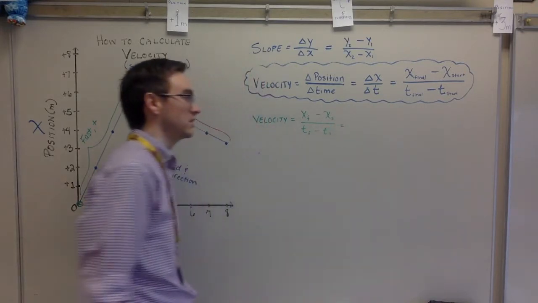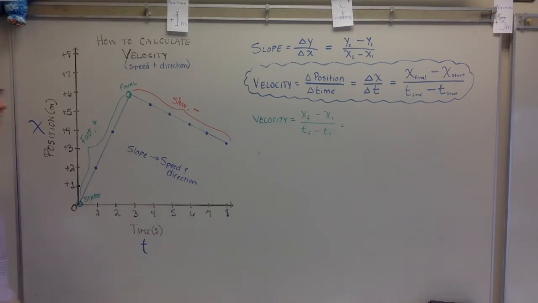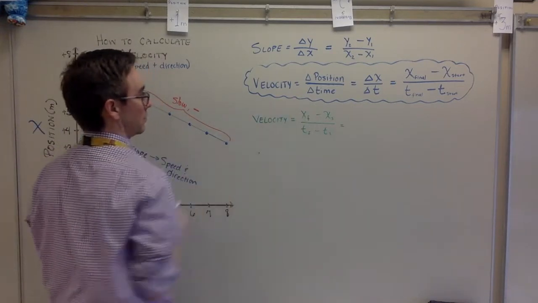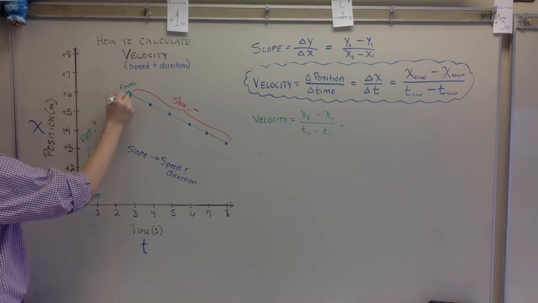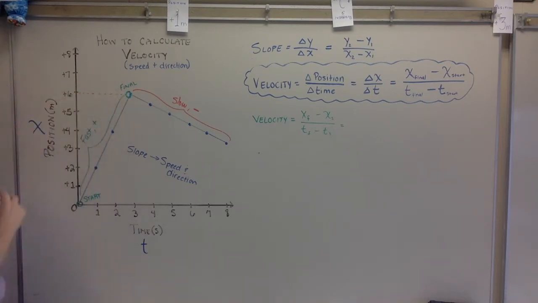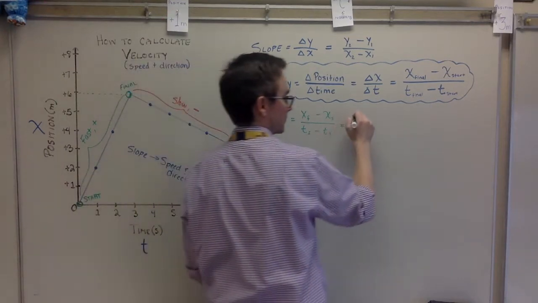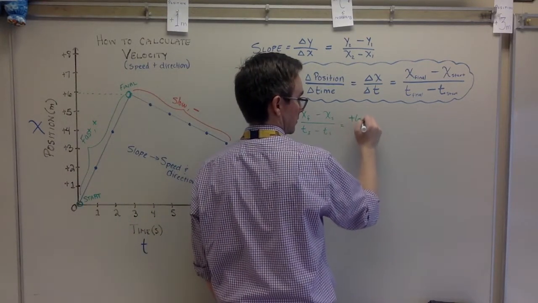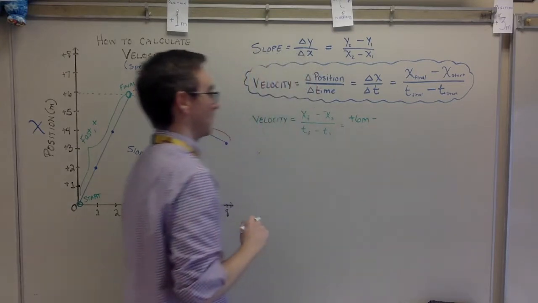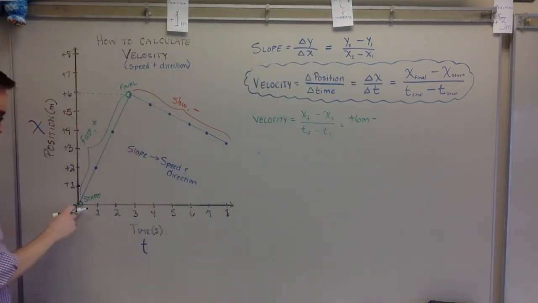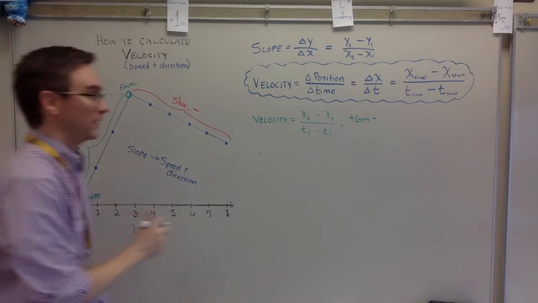So let's just plug in these numbers here. Remember, the x is position at this point here. So what is my final position? It is positive 6 meters, minus my starting position, which is 0 meters.